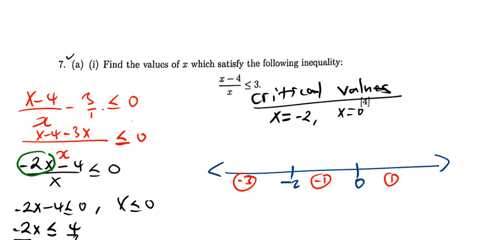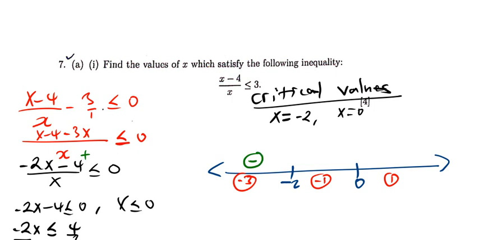Positive 6 minus 4 is positive still. So on top I've got positive. Down here I have got negative 3, so it's going to be negative. Positive divided by negative, I'll end up having negative.